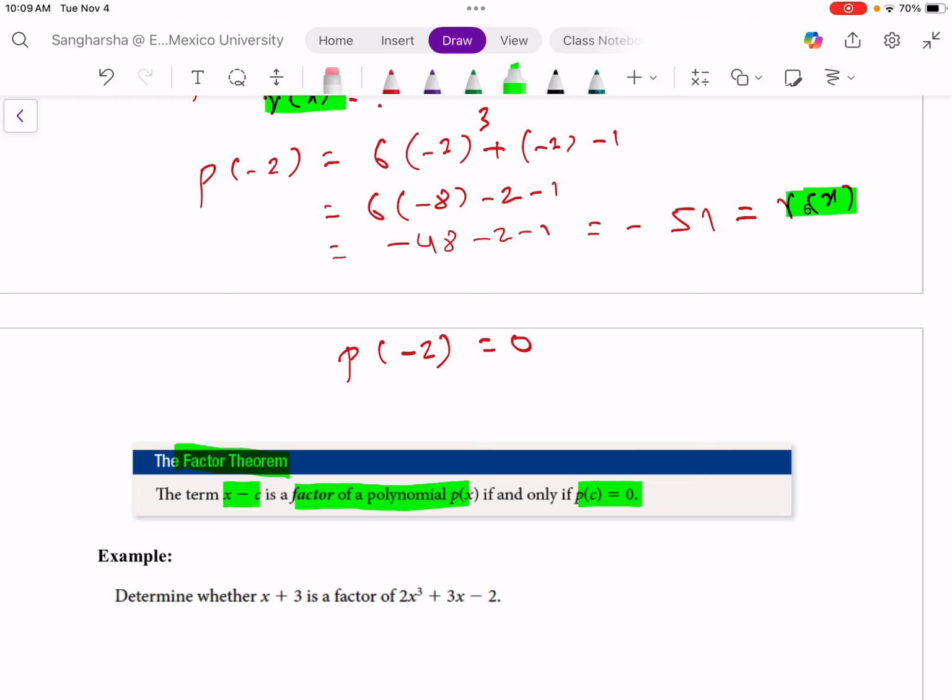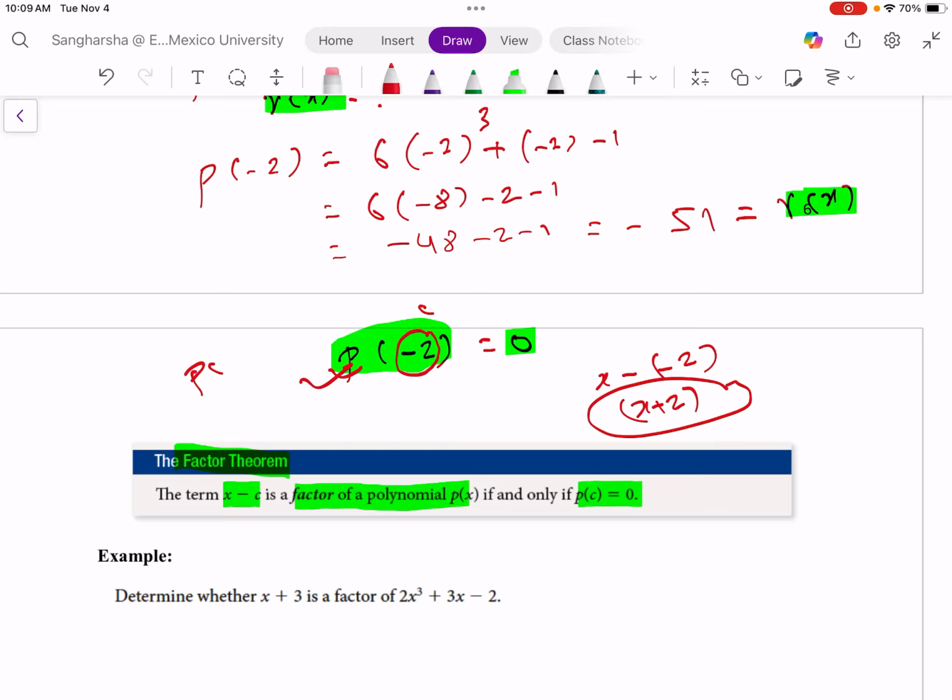If you replace every x of the polynomial by -2, and you end up getting p of -2 equals 0, then, since this is our c, x minus c, so x minus -2, which is x plus 2, will be a factor for this polynomial p of x.